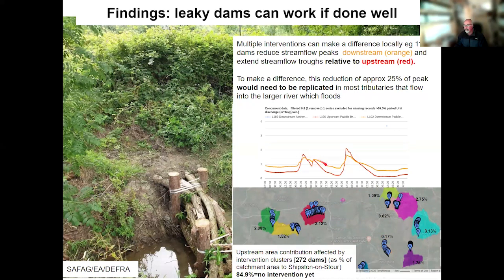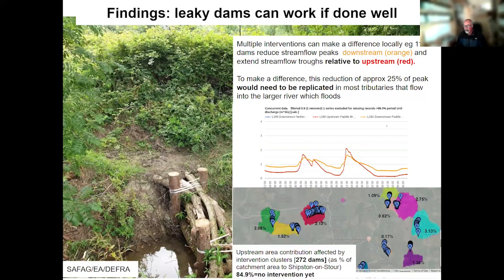And they were effective. We could see that the 11 in a row here were having an impact. And so large numbers of them would have a greater impact. So either they were very large or they were designed in such a way that they stored a lot of water. And in this case, there was a large number of them.